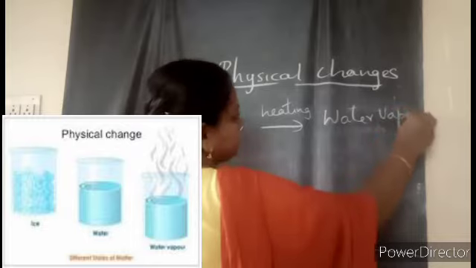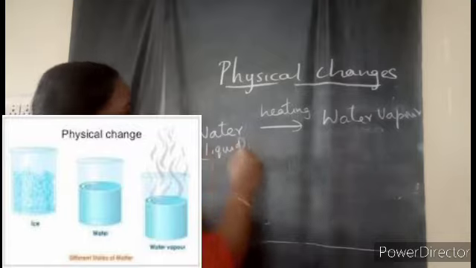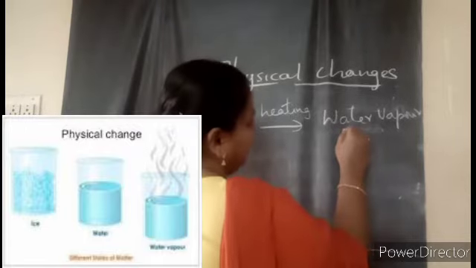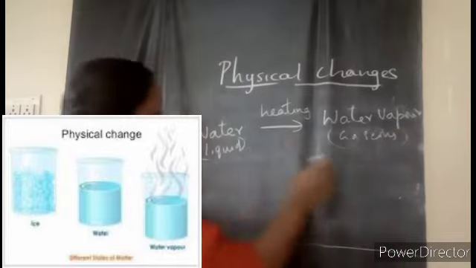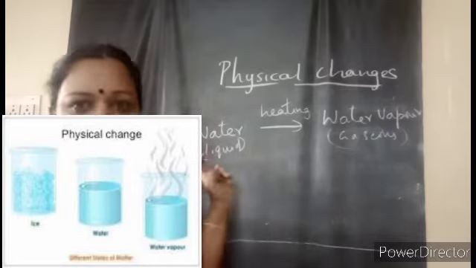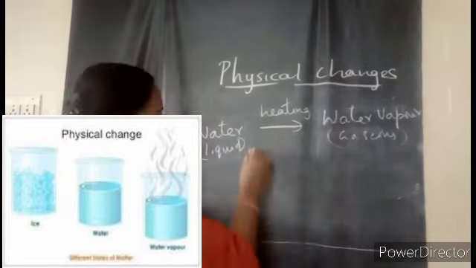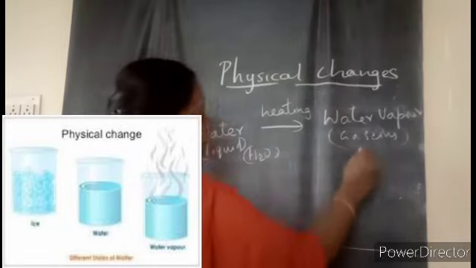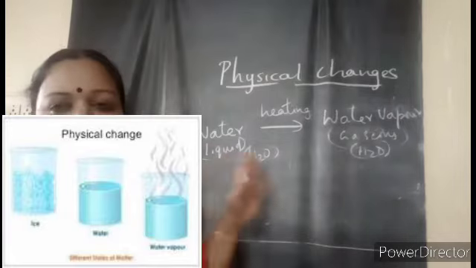Water is in liquid state and water vapor is in gaseous state. Yes, no children. So here also some changes are taking place. Water is changing into water vapor. Here the substance is water. But water and water vapor both have the same basic composition of water, H2O, H2O. There is no change.